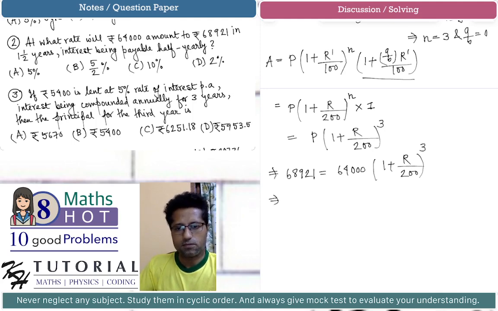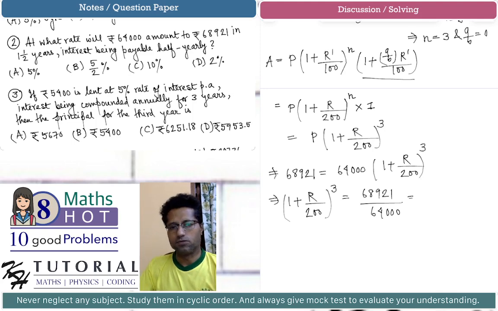So this implies 1 plus r by 200 whole to the power 3 is equal to 68921 divided by 64000. Now we have to somehow express the right hand side as an exponential term with the power as 3, and then we can equate the base from both the sides, and then we can solve for r.